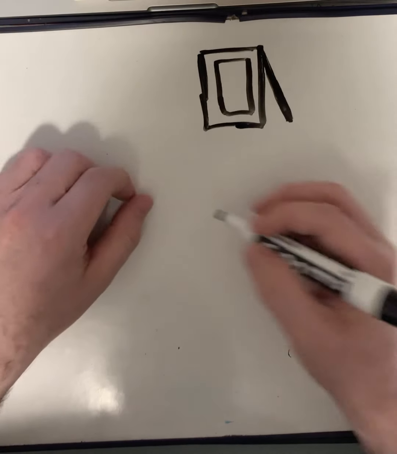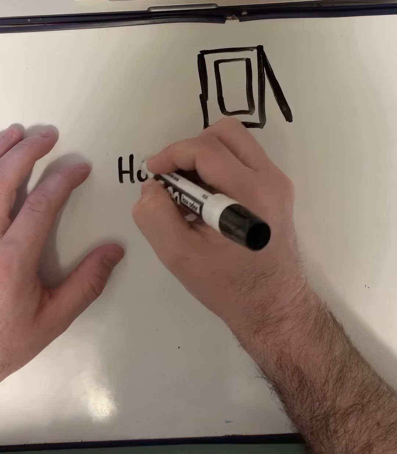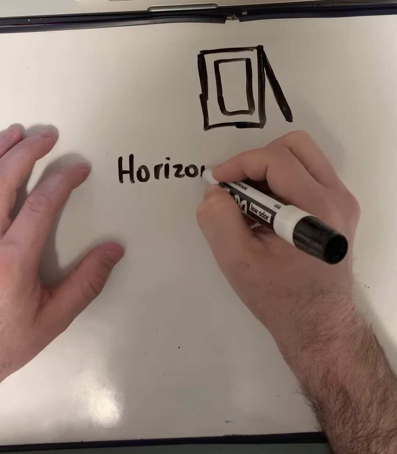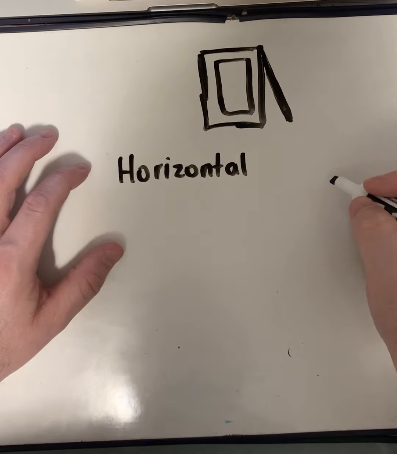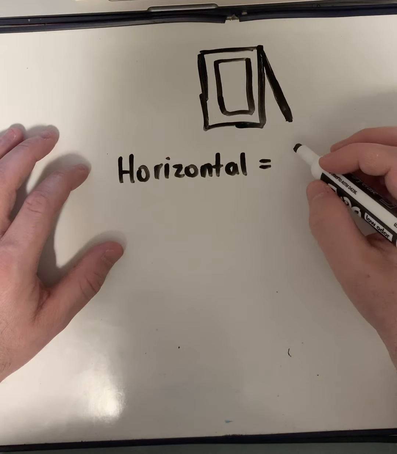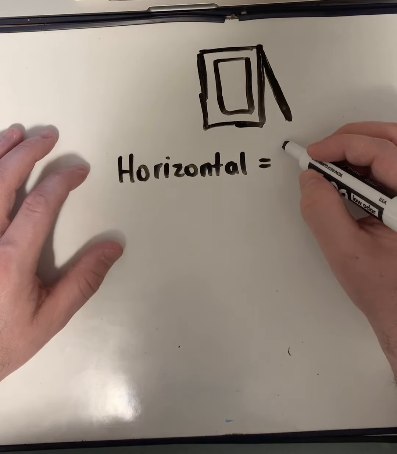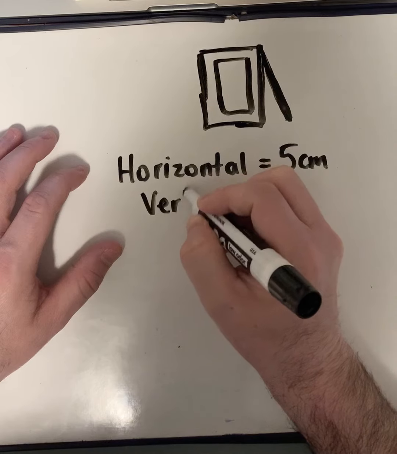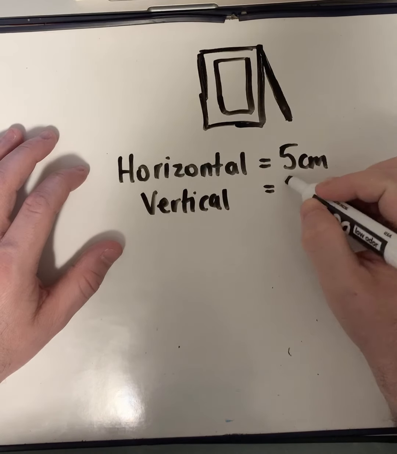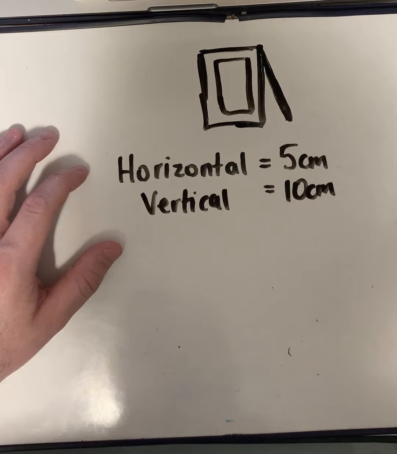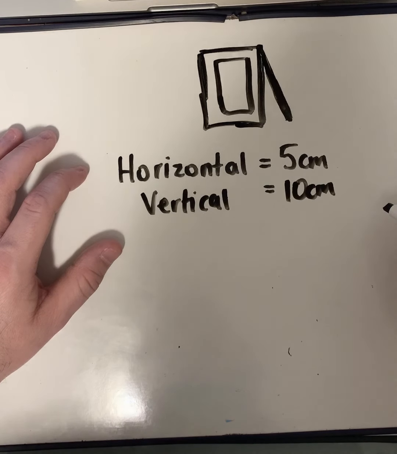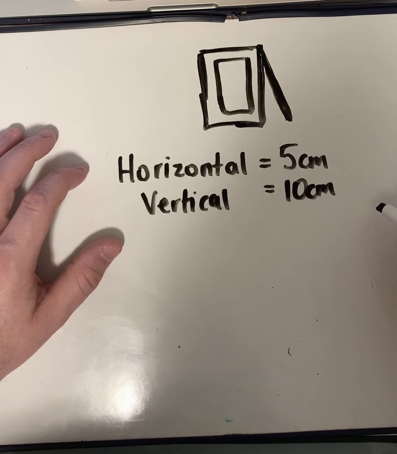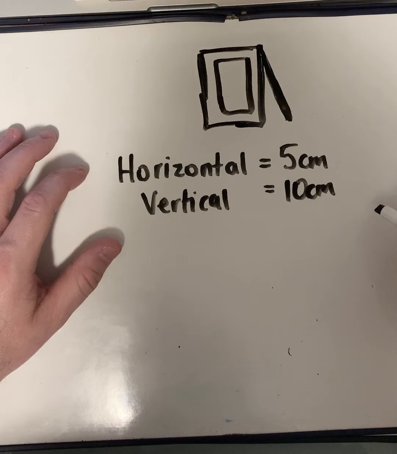So I'm going to tell you that the horizontal part of the brace he wants to do is 5 centimeters. And the vertical part of the brace, again, we're going to try to change it up, is 10 centimeters. So he wants to know how long this brace is going to be. Okay?